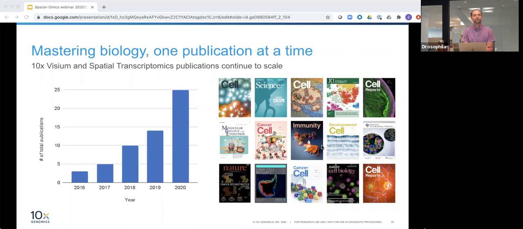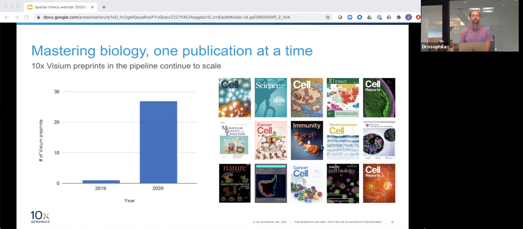You can see going back to 2016 when the original Ståhl Science paper was published, out to 2020, where last year there were 25 publications in top tier journals using either the original spatial transcriptomics or the Visium technology. And there's actually a pretty healthy pipeline right now looking at 10x Visium preprints.